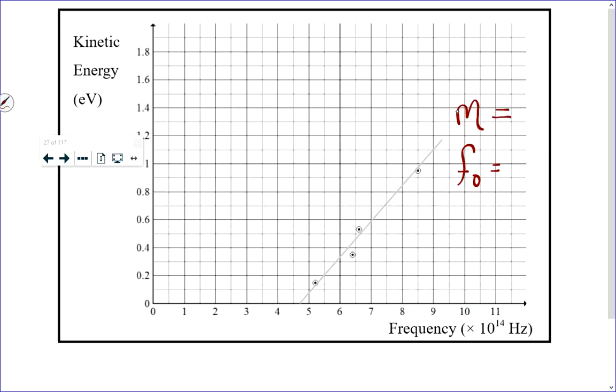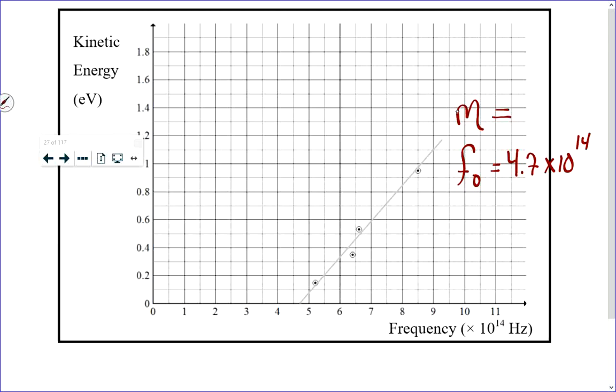If it were exactly halfway, then it would be 4.75. I think it's not quite halfway, just by my vision. I would peg that at 4.7 multiplied by 10 to the 14. Now, if you said 4.75, I wouldn't have a quarrel with that. That would be fine.